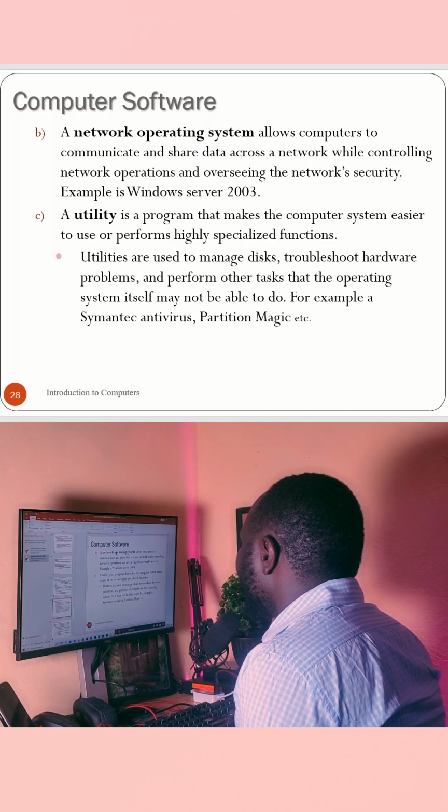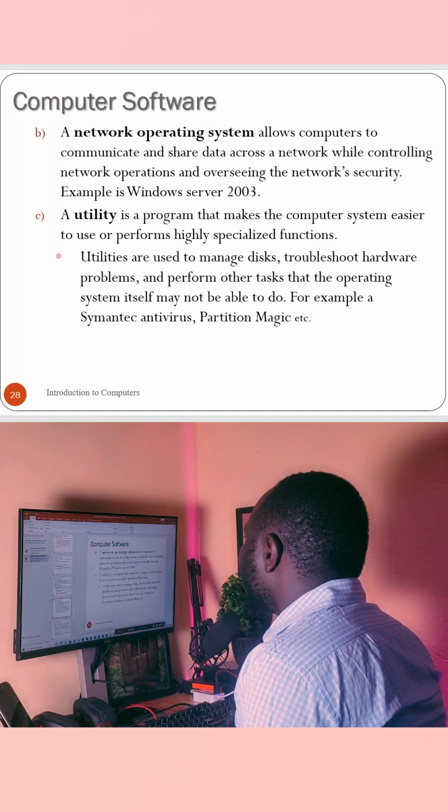Now let's try to break this down. You're going to need a utility program as part of the system software, which will help you achieve certain functionalities on your computer that the operating system itself may not be able to do.